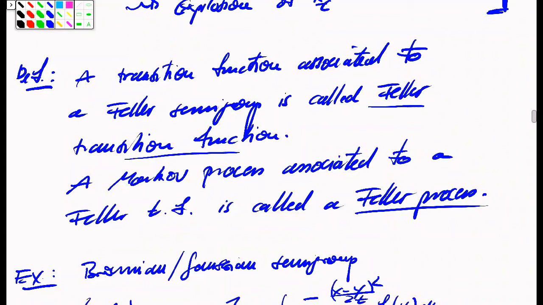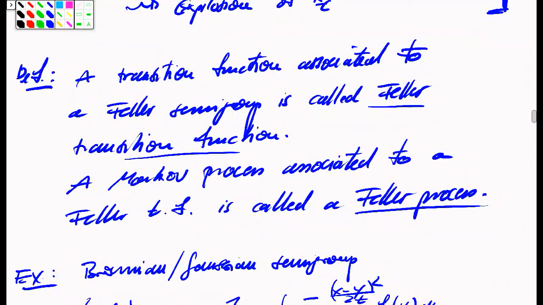We have also seen that if we have a family of operators on the space of continuous functions which vanish at infinity and satisfy the Feller conditions, then we can associate to this a family of kernels from which we can construct a Markov process.